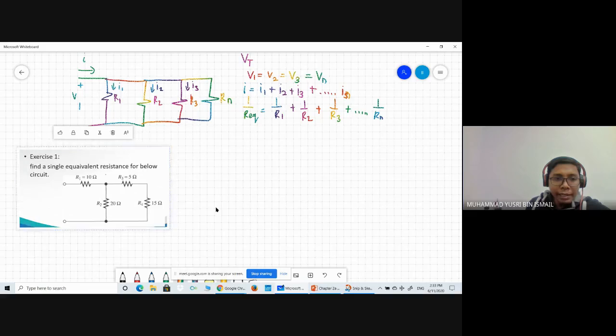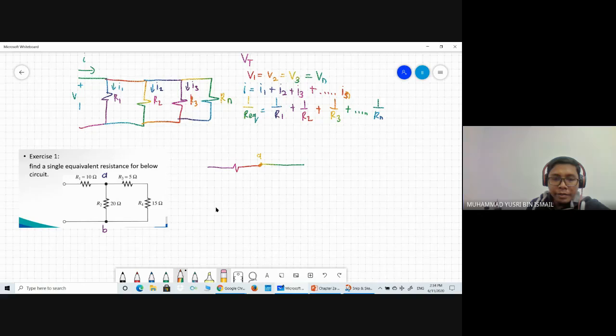I name this as node A, and this one is node B. Now we can draw a straight line that consists of this node. So this is node A. This is node B. Then it goes back to the negative. This is positive. This is negative.